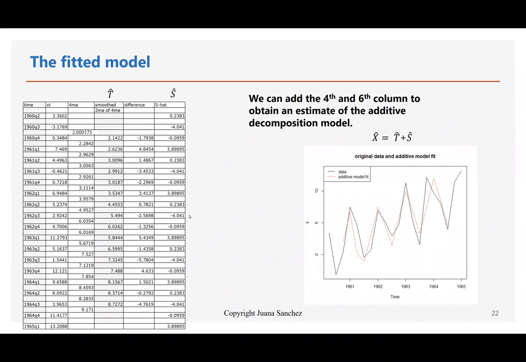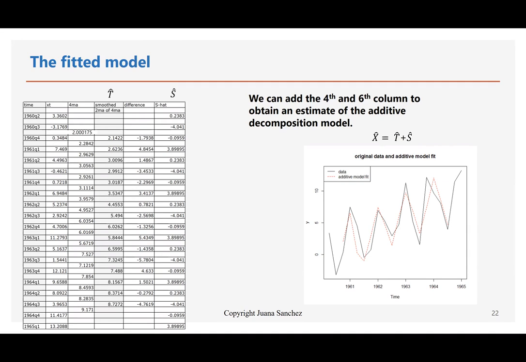Quarter 1s have all the same seasonal effect. Quarter 3 has seasonal effect minus 4.041. All quarter 3s are going to have minus 4.041. So we add these two columns to obtain the estimate of the X hat.